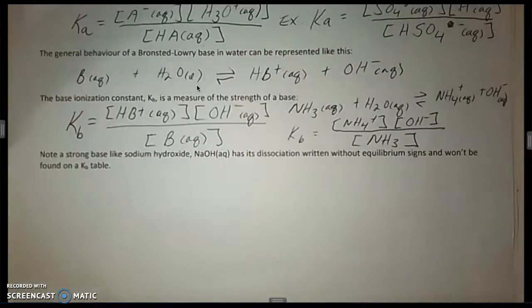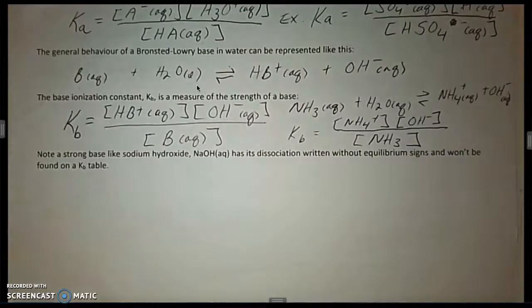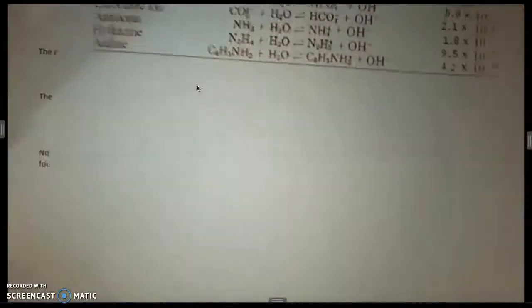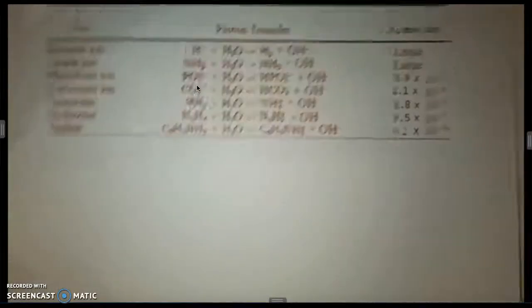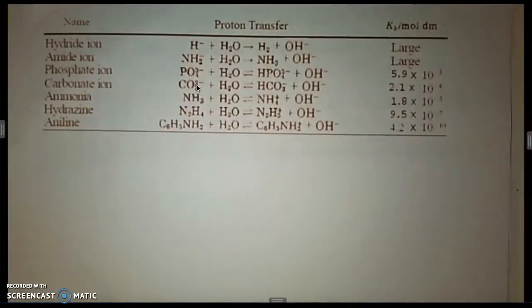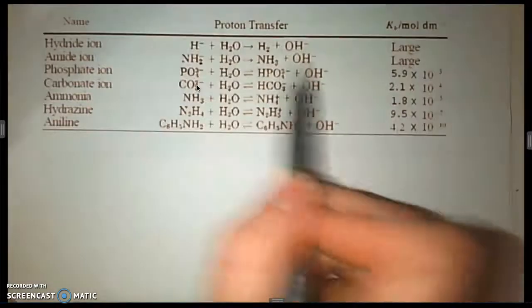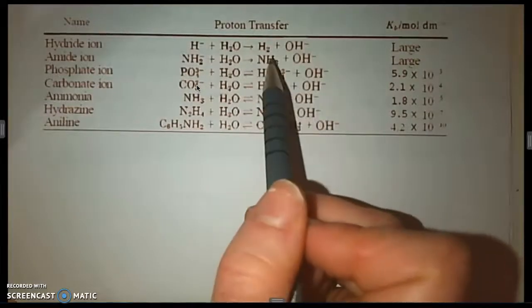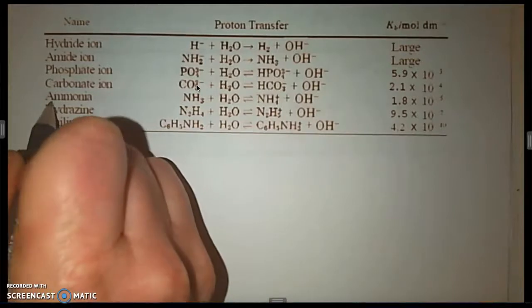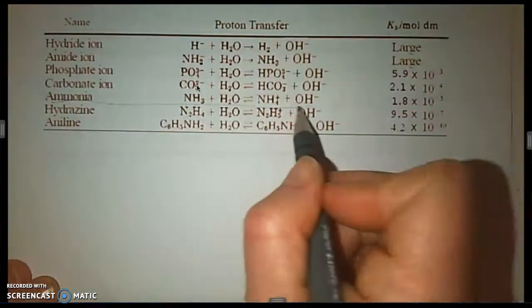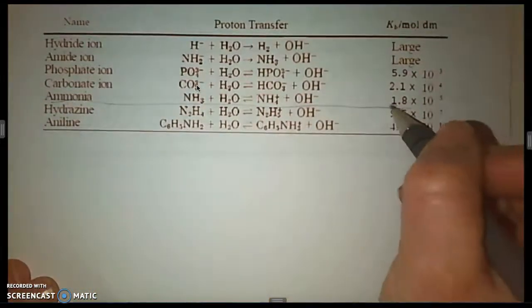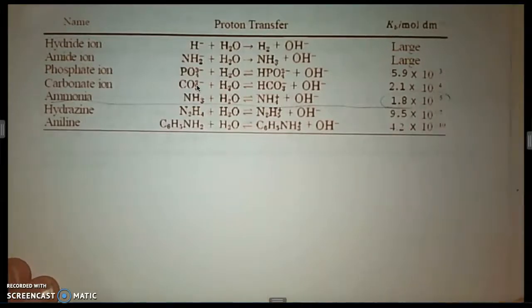Okay, and just like the strength of an acid can be measured by the Ka, the strength of a base can be measured by its Kb, and we can look those up in a table. So here's an example of a Kb table. This one's nice because it shows you the proton transfer reaction, which is helpful. We can see ammonia, the base we just looked at, is right on there, and it has a Kb of 1.8 times 10 to the negative 5.